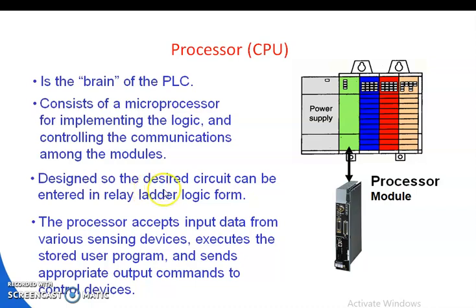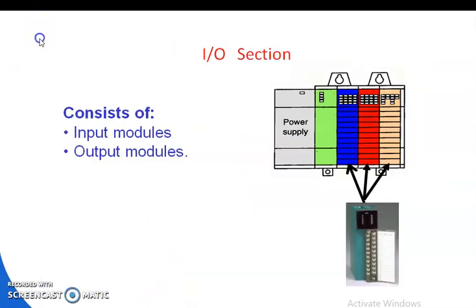The design is so that the desired circuit can be entered in relay ladder form. The processor accepts input data from various sensing devices, executes the stored user program and sends appropriate output commands to the control devices.